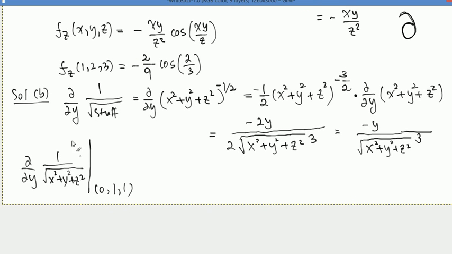So first, do the derivative, and then you plug in this value, right? That's common notation. So you don't plug in 0, 1, 1 here, you plug it in there. So that's negative 1. So 0, 1, 1. Is that square root 2 raised to the third power? Yeah, that's the answer.